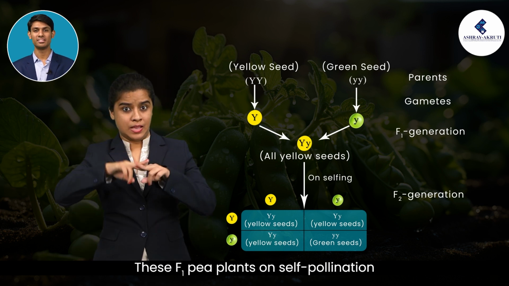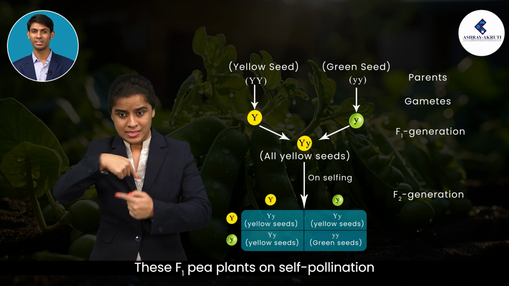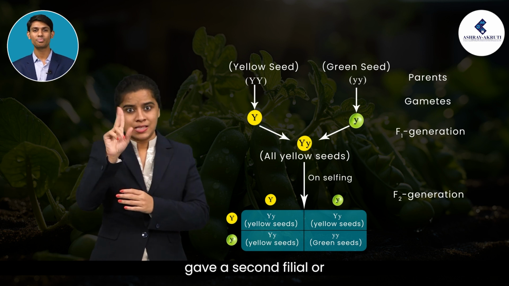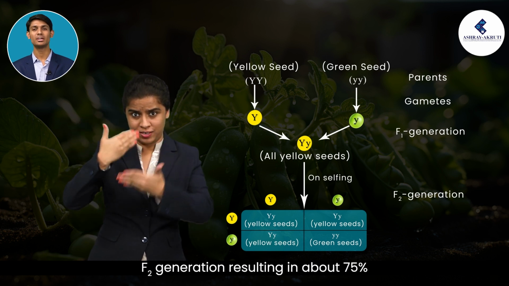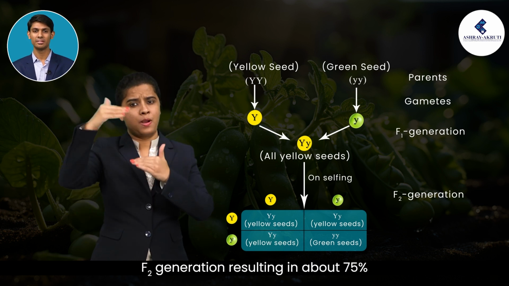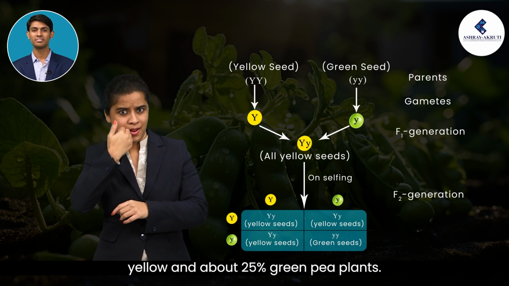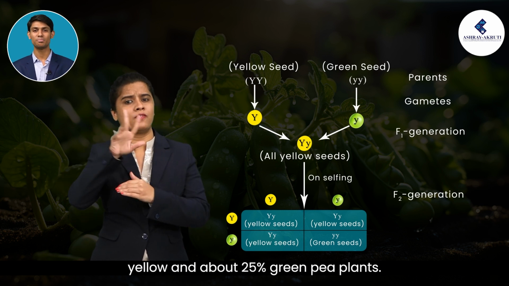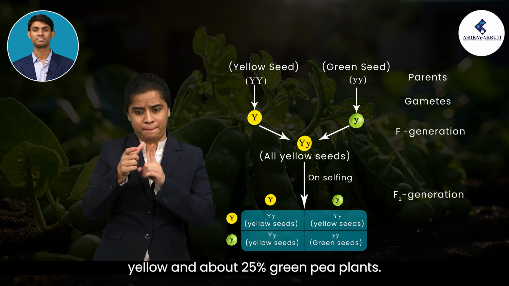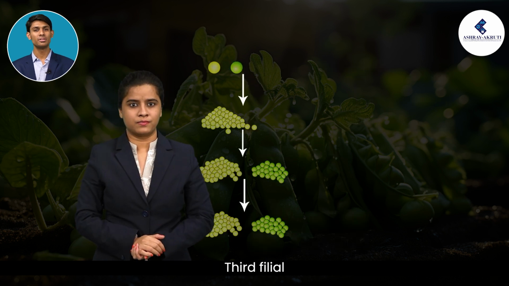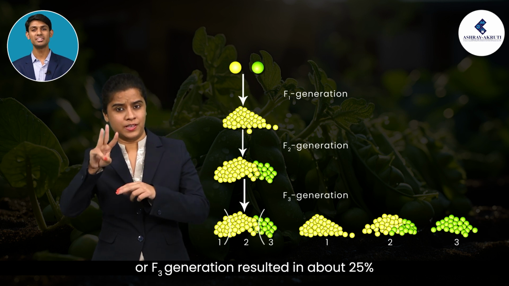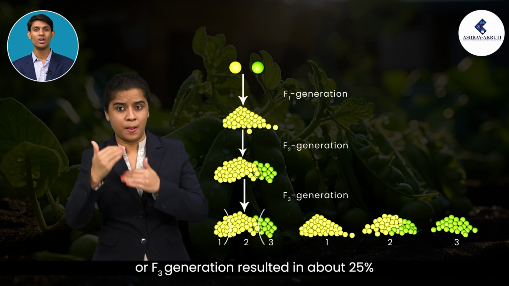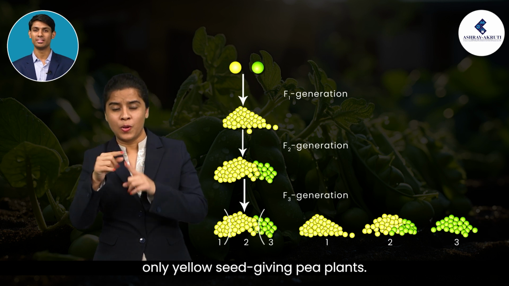These F1 pea plants on self-pollination gave a second filial or F2 generation resulting in about 75% yellow and about 25% green pea plants. Third filial or F3 generation resulted in about 25% only yellow seed giving pea plants.